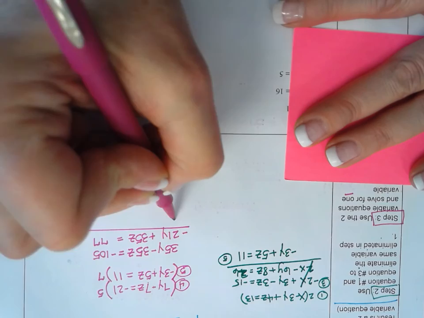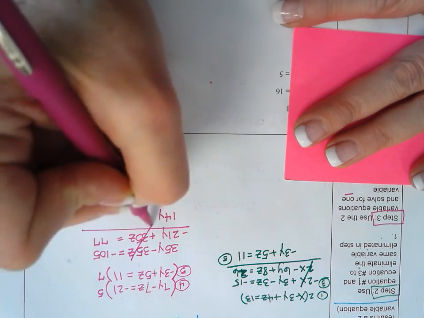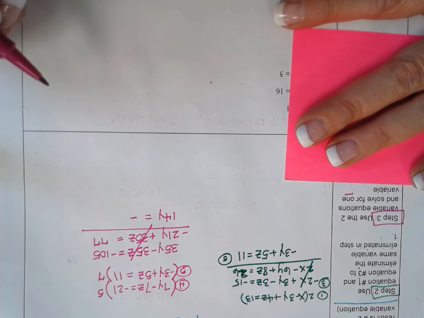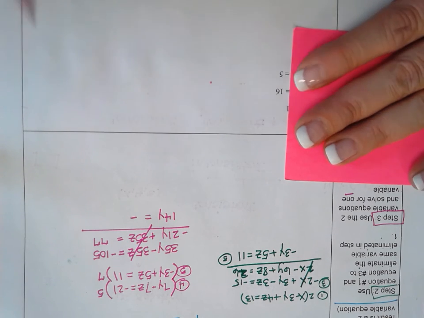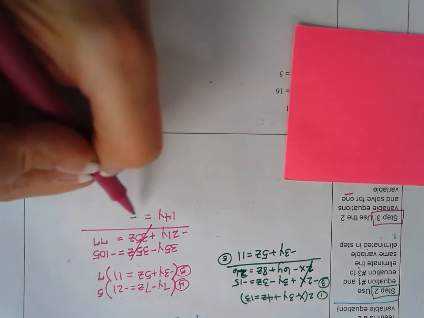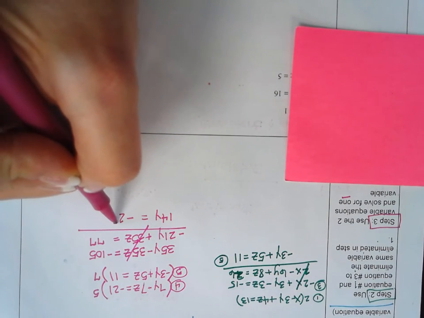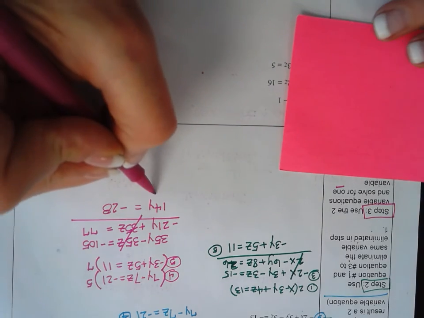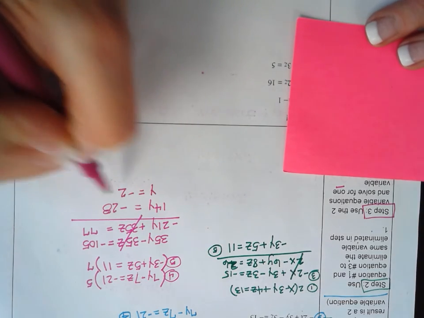All right, so I'm left with 14y. My z's cancel, and I'm left with, what's negative 28. And so that means y is equal to negative 2.